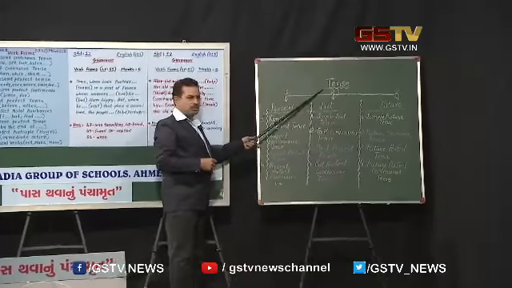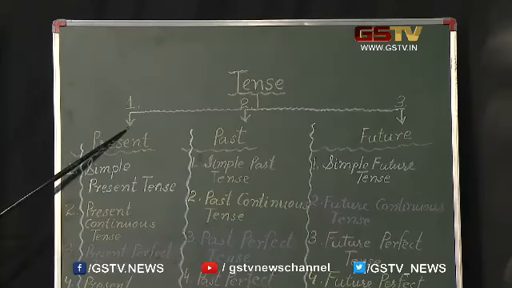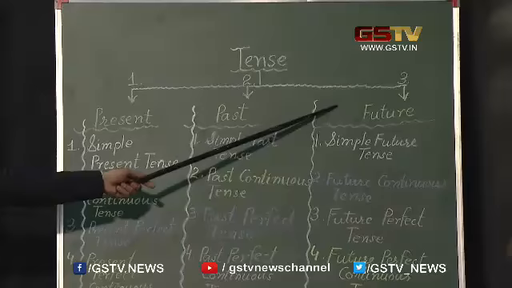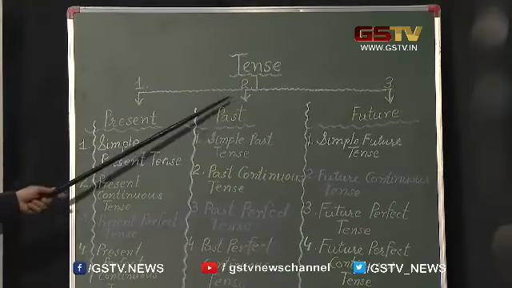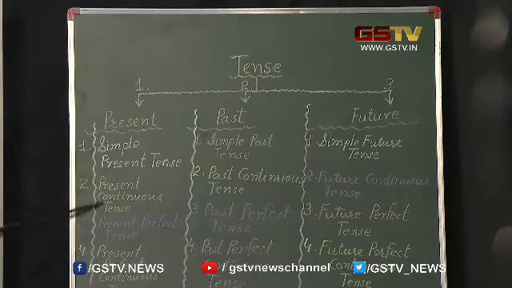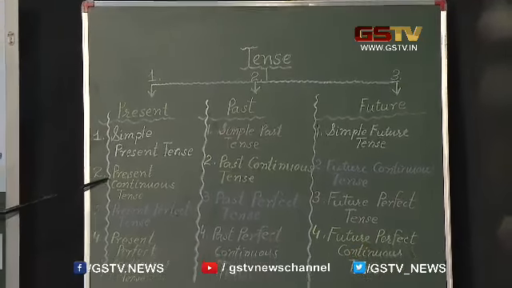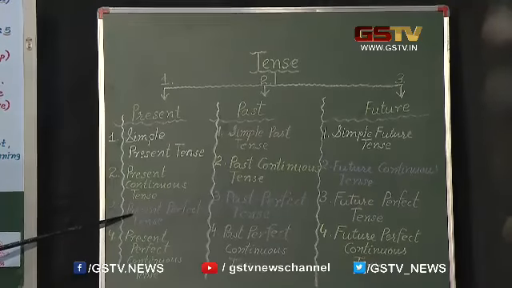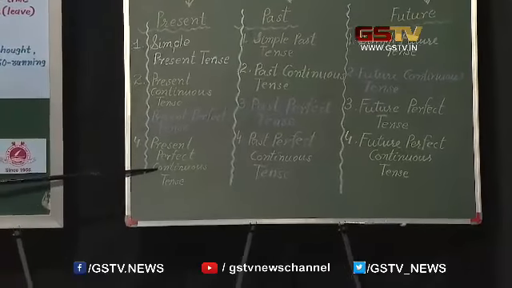Tense is divided into three parts. First one is present, past and then future. Each section is divided into four sub parts. In present tense, the first one is simple present tense, second is present continuous tense, third is present perfect tense, fourth is present perfect continuous tense.